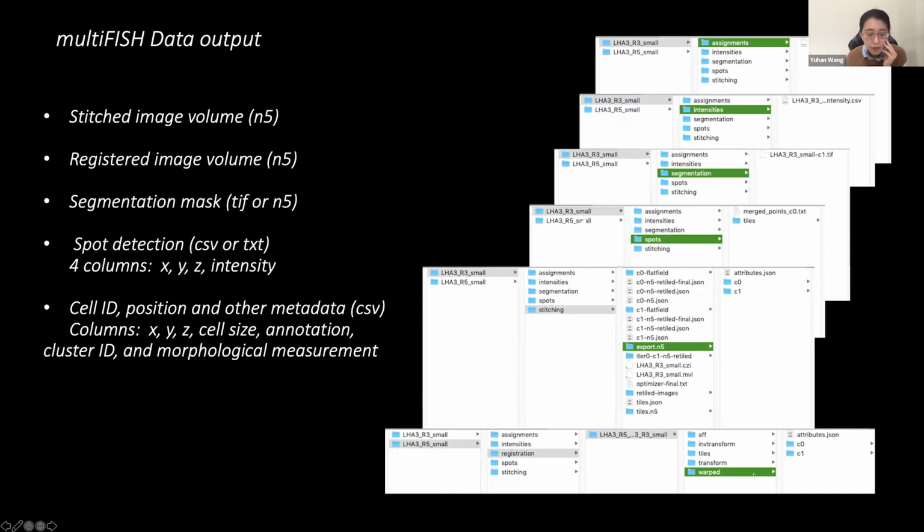We have image data in N5 or TIFF format. We also have spots detected in CSV format. We also have the cell IDs and their positions, this kind of metadata, also in CSV format.